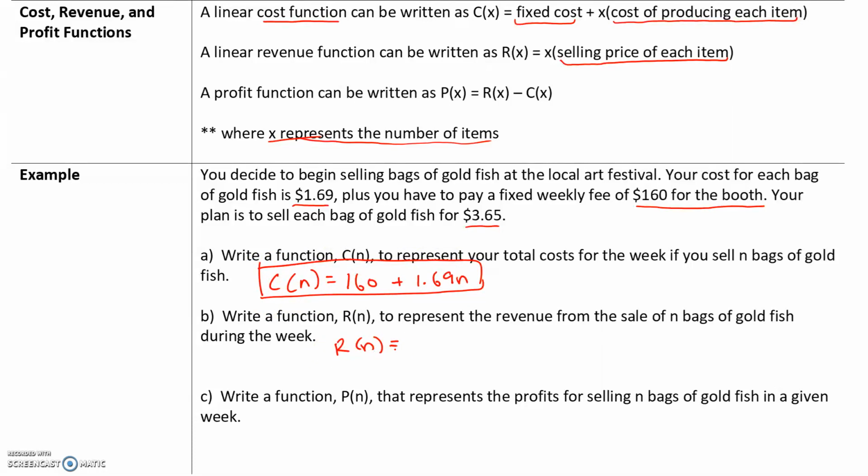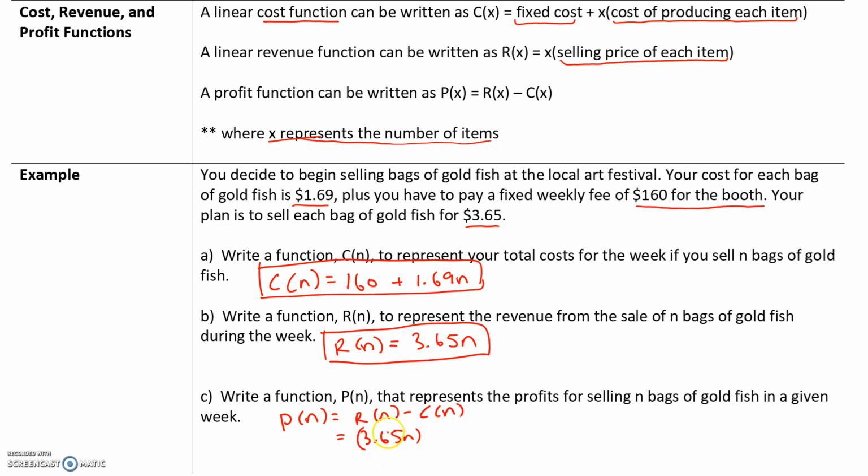Our revenue function is the number of items sold times the selling price of the item. We're selling each goldfish bag for $3.65, and let's say we sell n bags, so our revenue is going to be 3.65 n. Now profit is revenue minus cost. So the revenue function is 3.65 n.